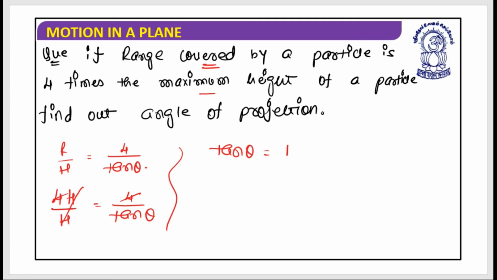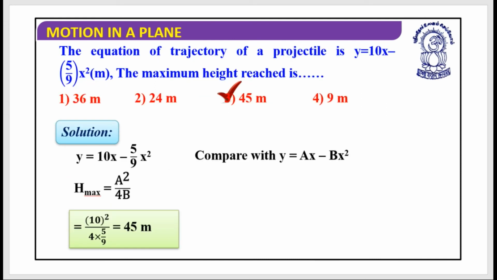And when tan theta is equal to 1, it means theta is equal to 45 degree. I hope this is clear. But to do this in fractions of a second, this is required: R by H is equal to 4 by tan theta. I must remember this. If I know this, it would be much easier to do this. Is it clear? Great.